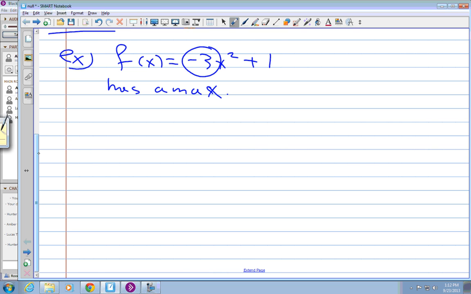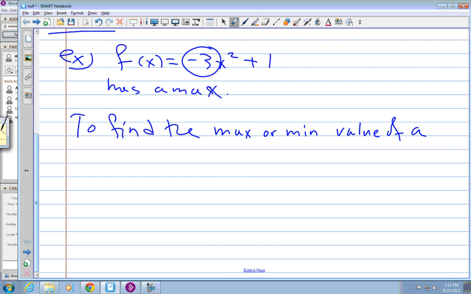So to find the max or minimum value of a quadratic function, we just have to find the vertex of that function.